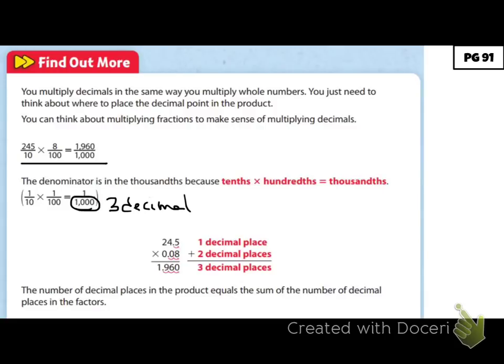So if we look down here, you can see there's 1 decimal place in the first number, 2 decimal places in the second, so we know our answer will have 3 decimal places. The number of decimal places in the product equals the sum of the number of decimal places in the factors. So sum means to add, so we'd add the amount of decimals in the problem to get how many decimal places in the answer.